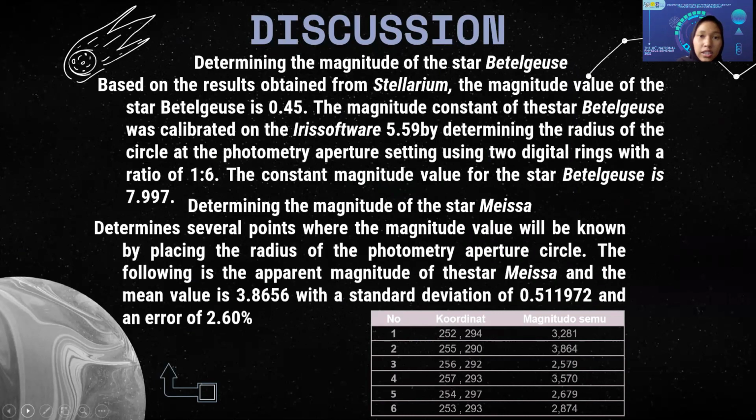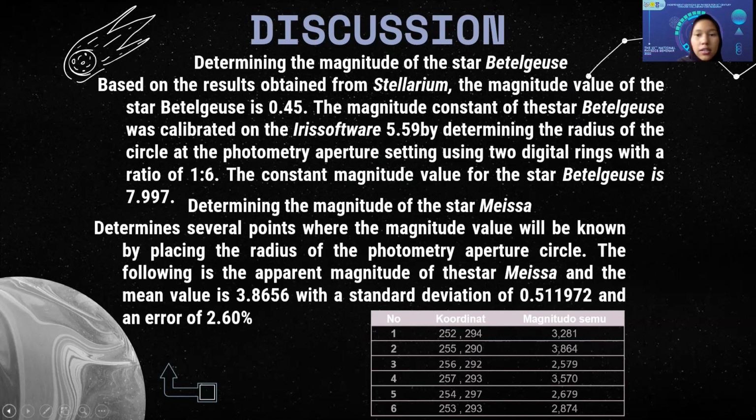And then discussions, determining the magnitude of this Betelgeuse star. Based on the result obtained from Stellarium, the magnitude value of Betelgeuse star is 0.45.